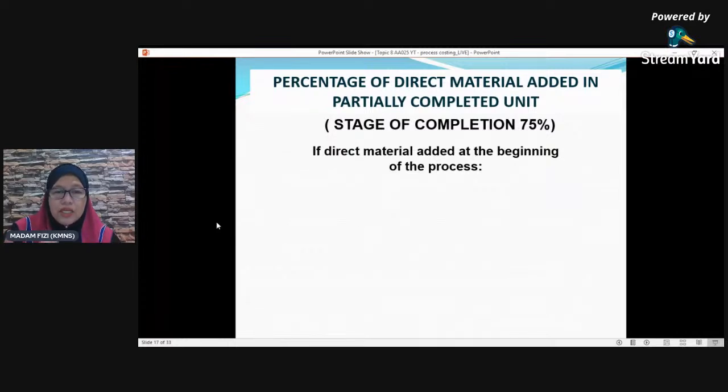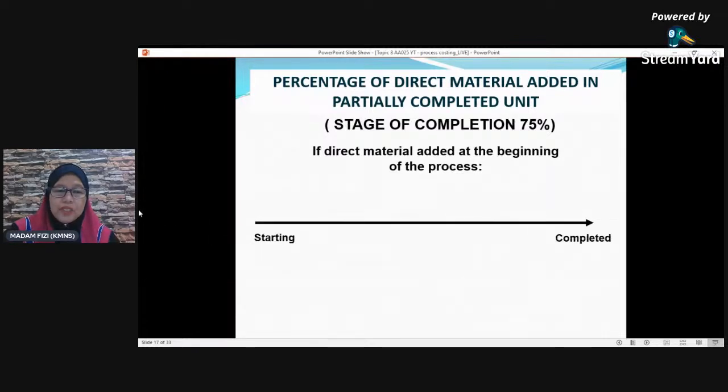If the direct material is added at the beginning of the process, for example, kita ada timeline dekat sini. So, this is the starting and this is the completed. So, the 75% completed, dia ada berada di sini. Sebab dia belum complete lagi.